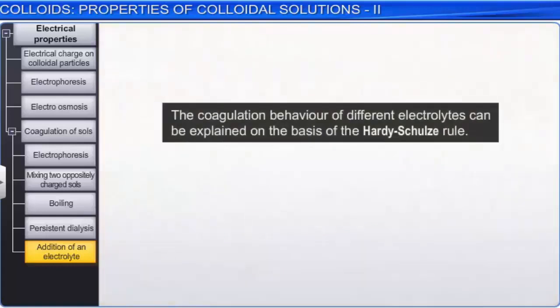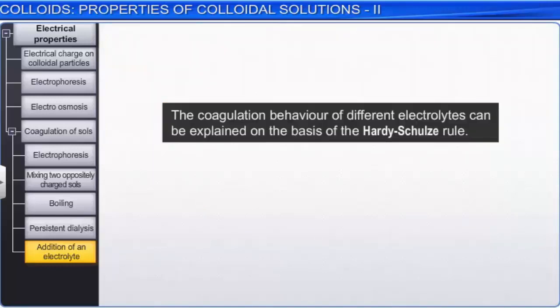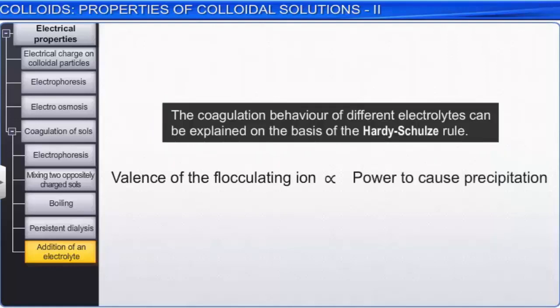The coagulation behavior of different electrolytes can be explained on the basis of the Hardy-Schulze rule. The rule states that the greater the valence of the flocculating ion added, the greater is its power to cause precipitation. Let's see an example.